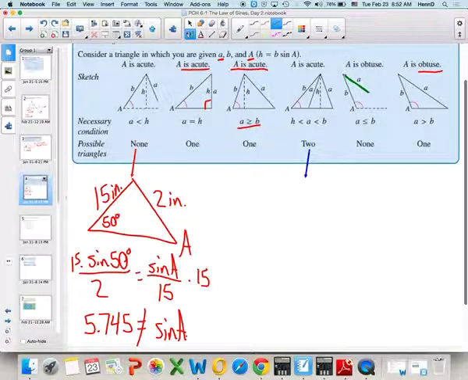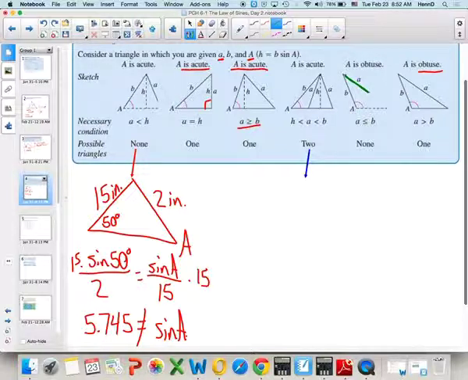Alright, so just kind of reviewing here. This one, there's no real good way of just looking at the problem and being able to see it, when the angle's acute. This one, though, before you do any work at all, if you look at the picture, label the sides, and you say, wait a sec, the side across from the obtuse angle is not the biggest side, then you know that's impossible.